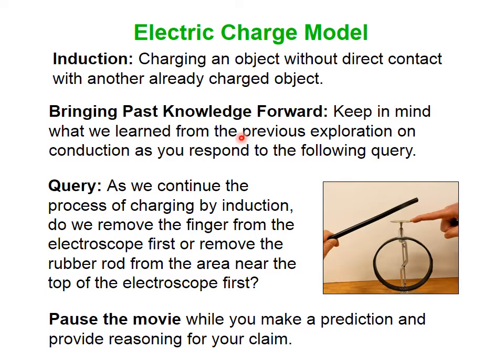Keep that in mind as you think about what the answer to this question might be. As we continue the process of charging by induction, do we remove the finger first from the electroscope and then the rubber rod, or do we remove the rubber rod first and then the finger? We'd like you to pause the movie at this moment.